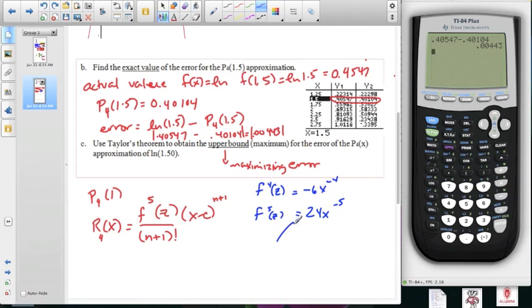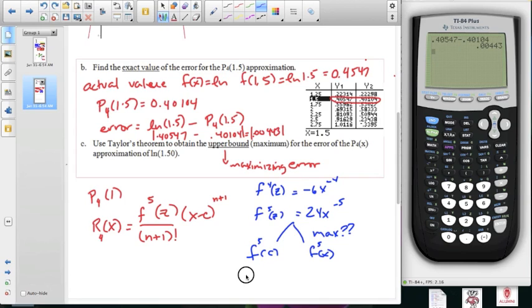And so which one maximizes? We're looking for a max here. Is it going to be f of c, or is it going to be f of x? Which one is going to be the fifth derivative evaluated at c, or the fifth derivative evaluated at x? That's what's going to go in for this f of z.